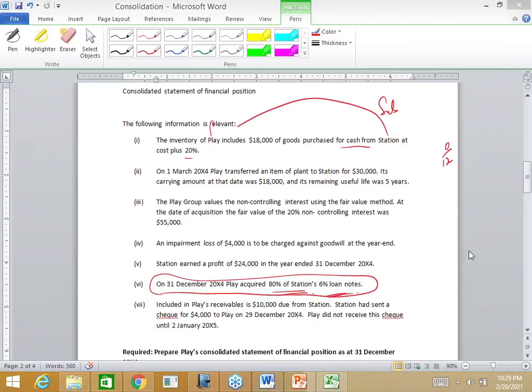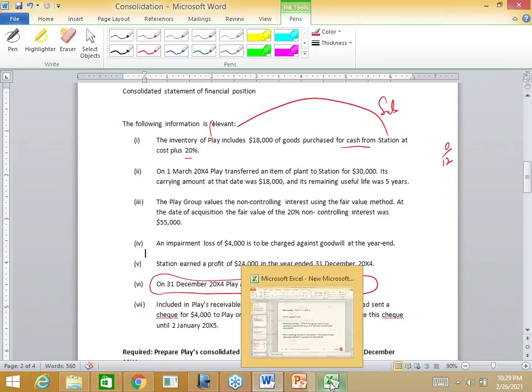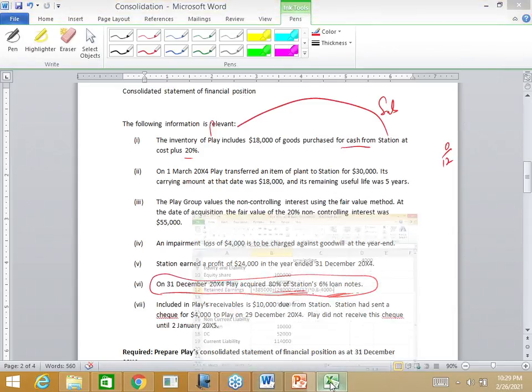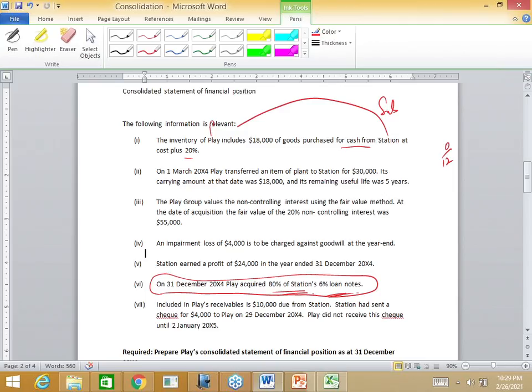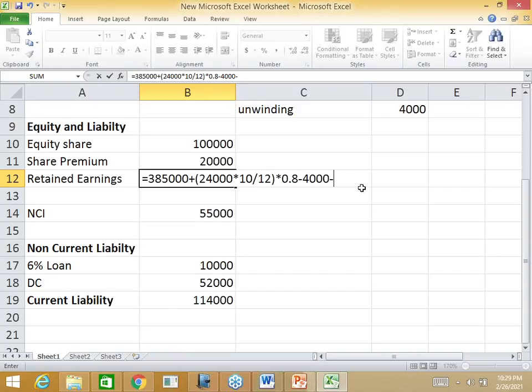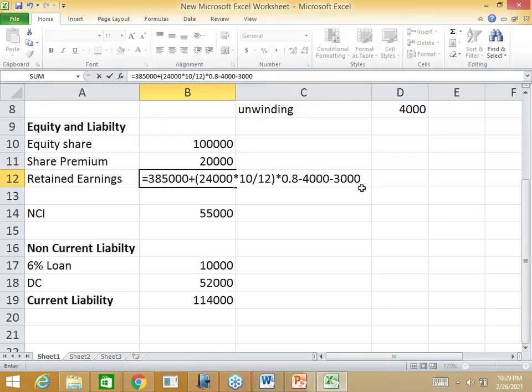The amount of unrealized profit was 3,000. Yes, 3,000. Who sold the goods? The subsidiary sold, so this amount should be adjusted into 0.8.